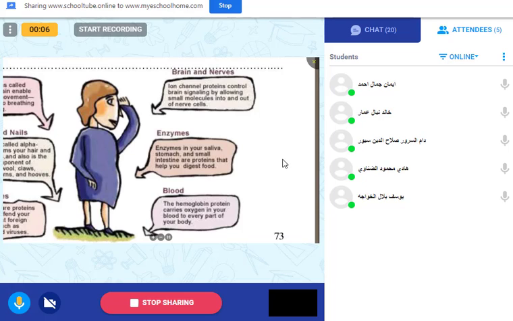Anyone can read about enzymes or blood? Hadi and Yusuf are not available now. Khalid, can you continue, please? Anyone. Enzymes.